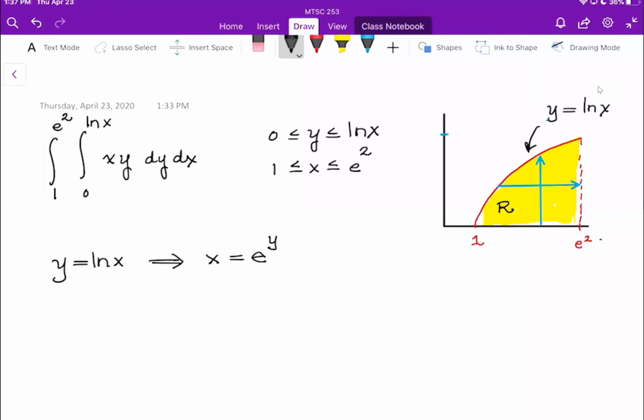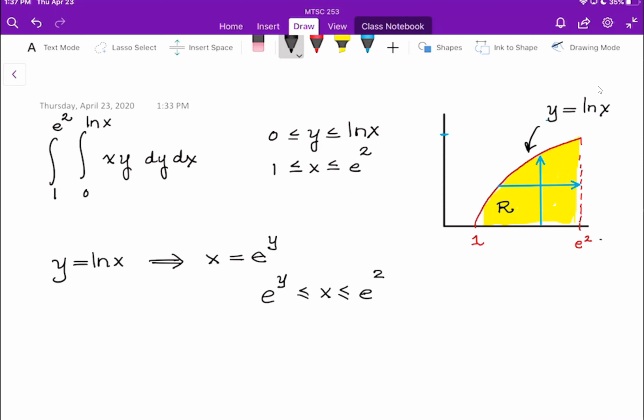So therefore, x is going to start off at the curve e to the y, less than or equal to x, and it's going to go all the way up to where x is equal to e squared. And then where does y go from?